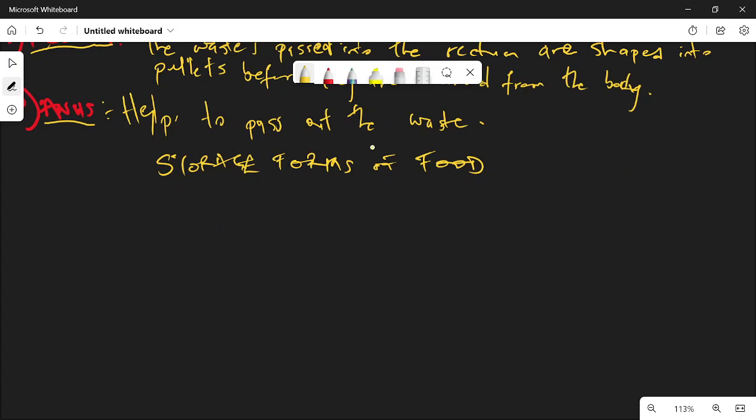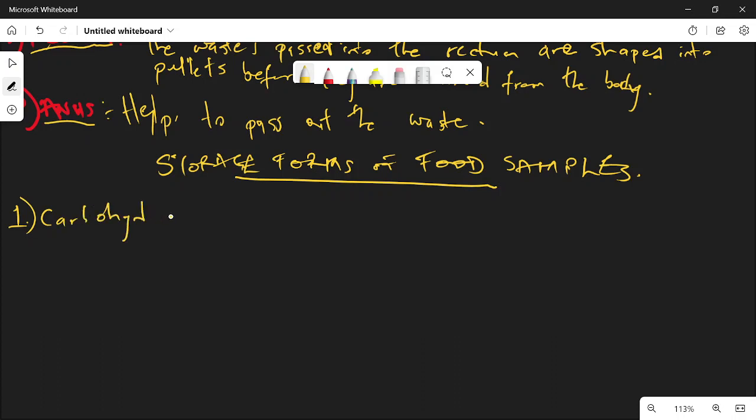Now, the first one is carbohydrates. How are carbohydrates being stored?